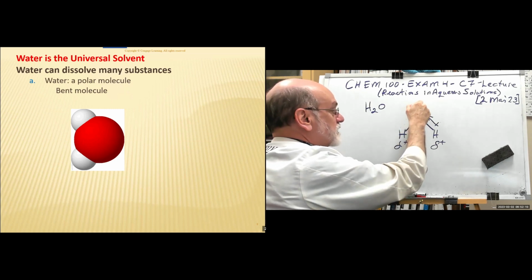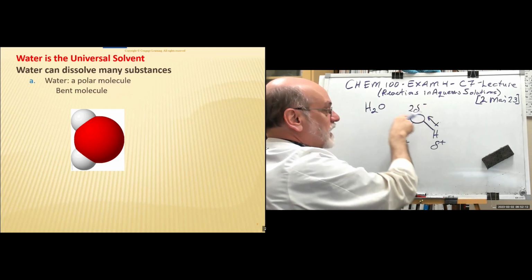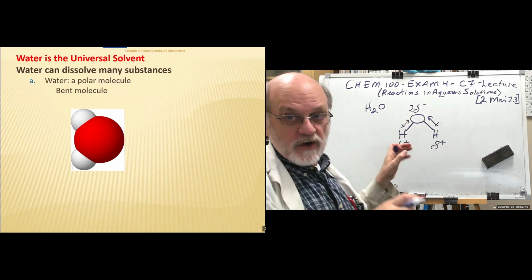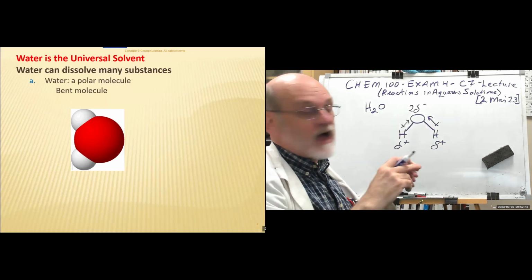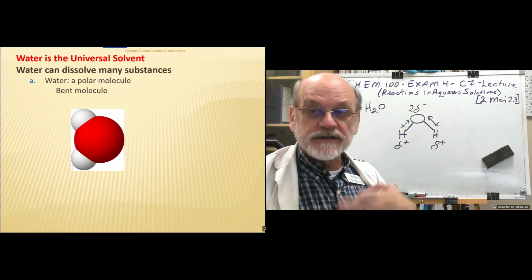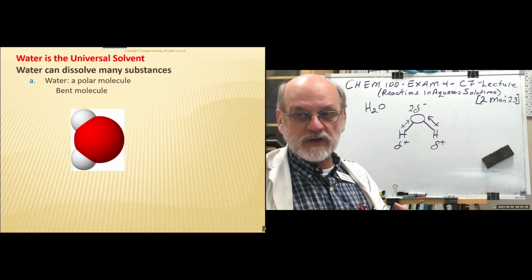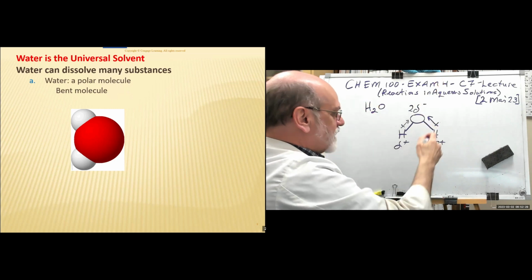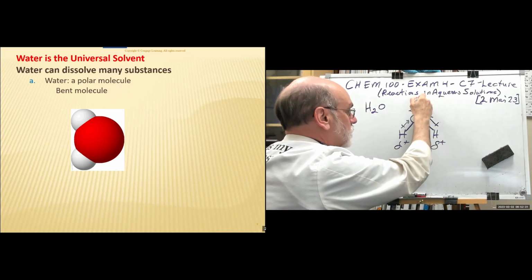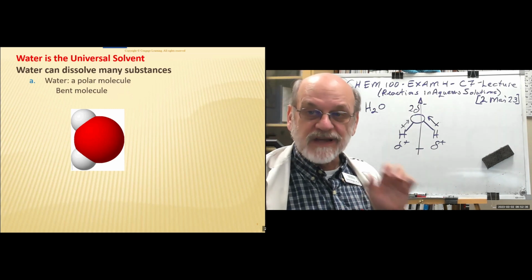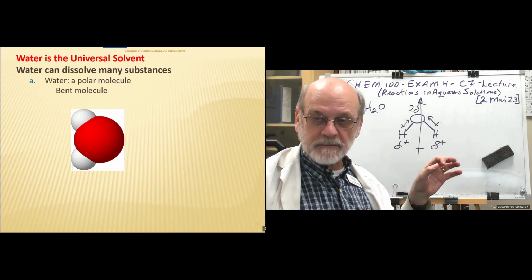Now on this side, we have a negative charge because those electrons are spending more time around the oxygen. So we have an unbalanced electron distribution in this molecule. And when we take everything together, that gives the molecule what we call a dipole moment.